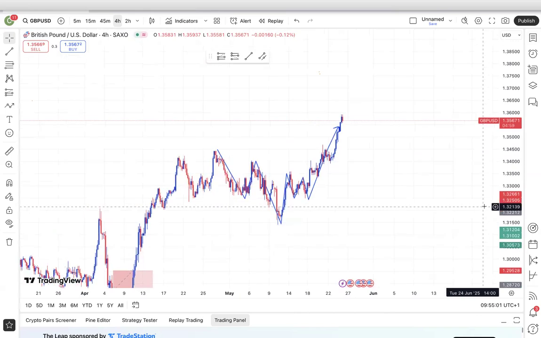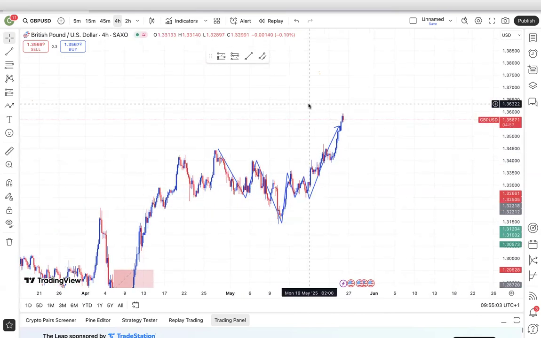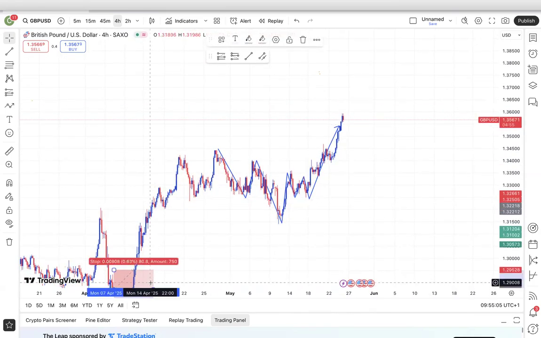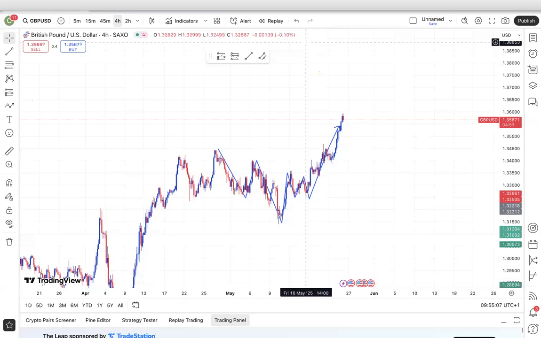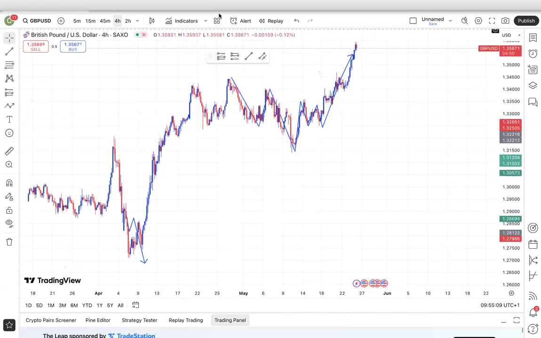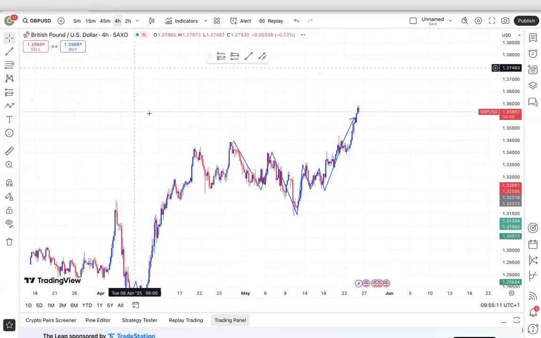So now GBP/USD, let's take a look. This is a 4-hour time frame, which is very, very important, that you're always on the 4-hour. And let's look at what the market is giving.